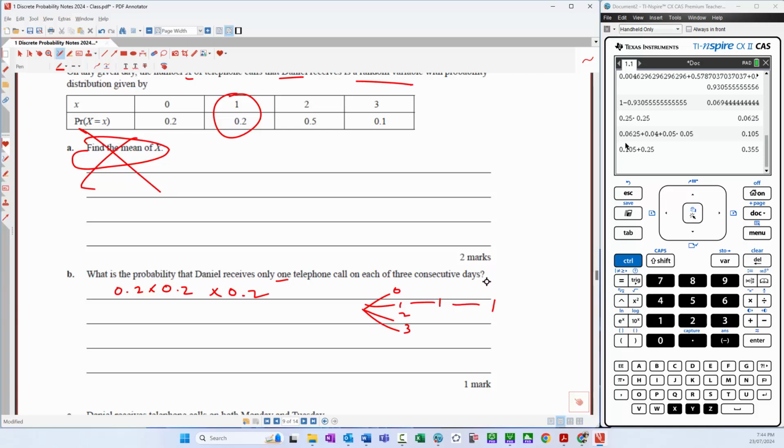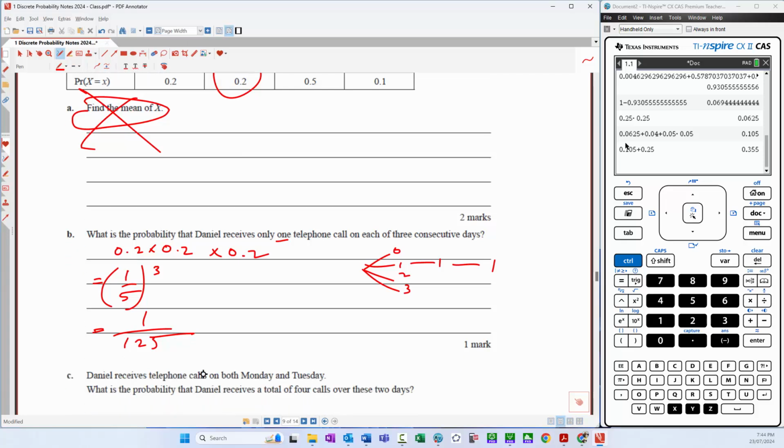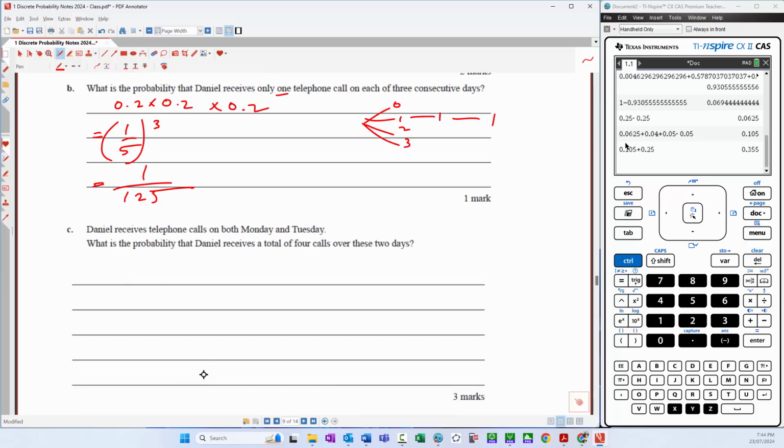So that's a very particular branch on the tree diagram. Now that's going to be 2/10 cubed, which is the same as 1/5 cubed, which is 1 over 5 to the 3, which is 125. So 1 in 125 chance of that happening.